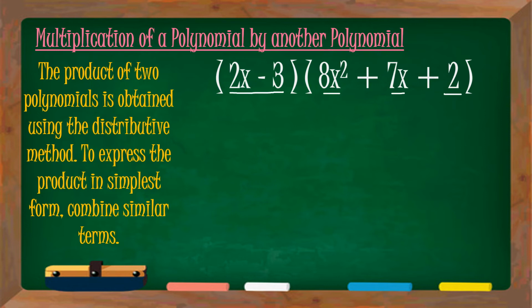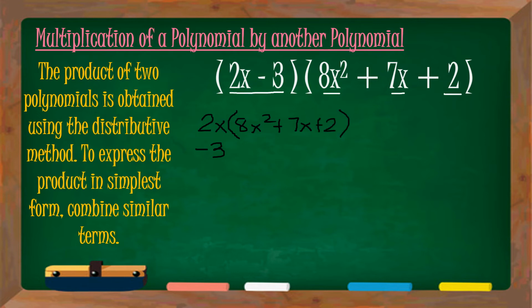So, paghiwalayin natin si 2x minus 3. So, we have 2x and negative 3. Okay? So, ayan na yung binomial natin. Pinaghiwalay ko na. So, 2x ay i-multiply natin sa ating trinomial na 8x squared plus 7x plus 2.